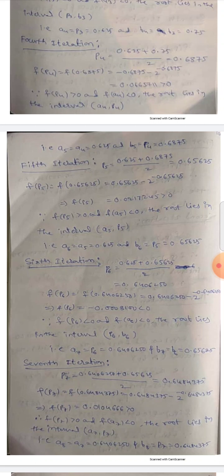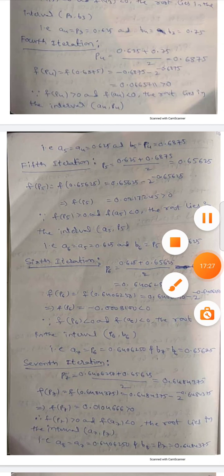That is, a6 is equal to a5 equals 0.625 and b6 is equal to p5 equals 0.65625. Sixth iteration, p6 is equal to 0.625 plus 0.65625 by 2, equal to 0.640625.